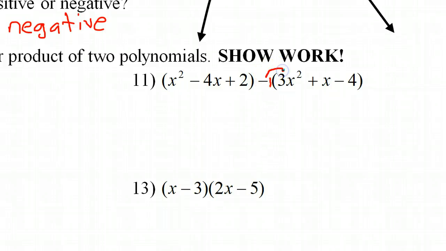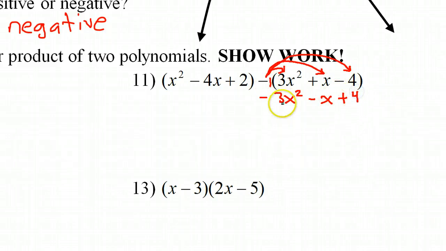And you have to take this negative 1 and distribute with it, like this. Okay? If I multiply all these by negative 1, watch what happens. So I have negative 3x squared. Then negative 1 times x is negative x. Negative 1 times negative 4 is positive 4. So I get this.